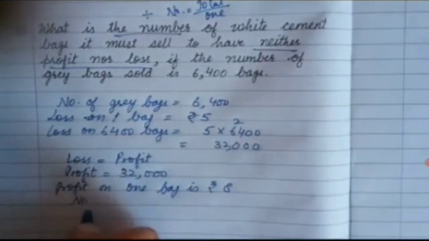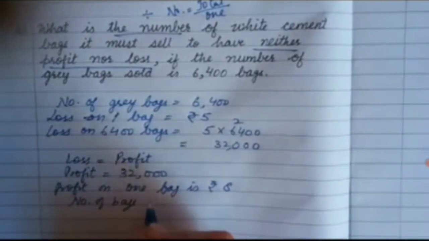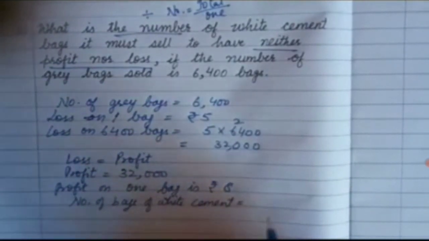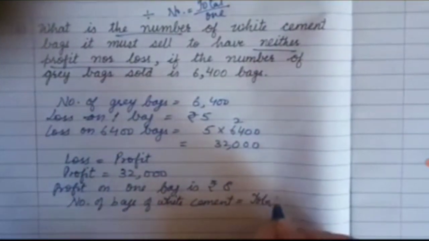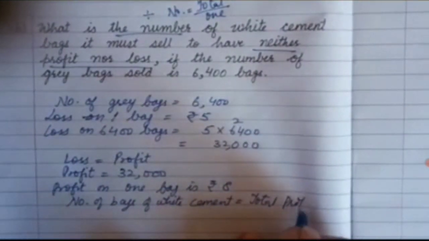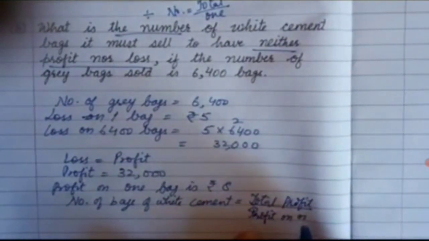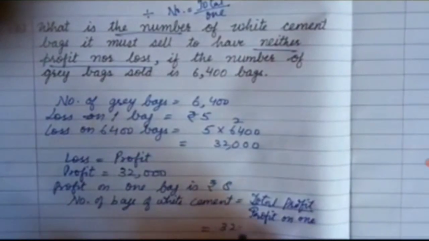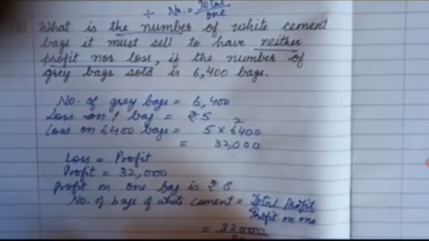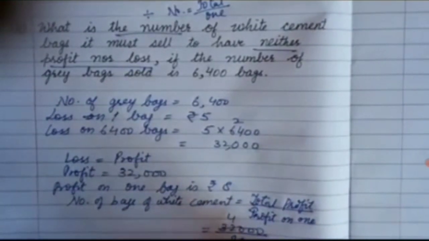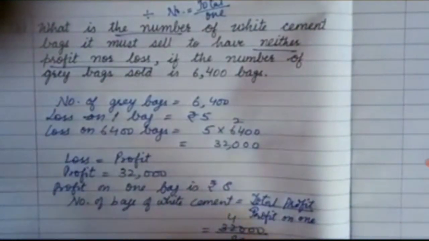The number of bags of white cement is equal to total profit divided by profit on one bag. So 32,000 divided by 8 is 4,000.